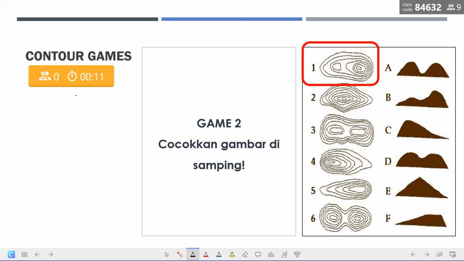Which do you think it is? Okay, so once again, what is number one?